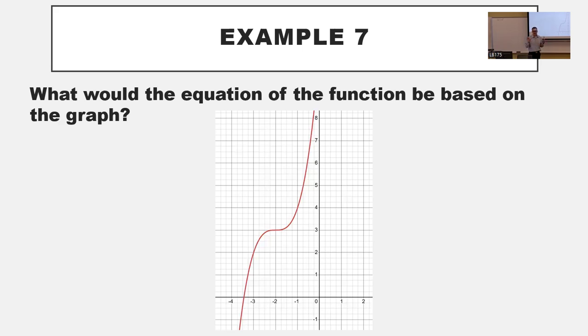Think of what happens when you shift away 1 unit from the origin. When we shifted 1 unit, we got to the point 1, 1. Just plug in 1 and get out 1 in the base function x cubed. Over here, where our old origin was is the point of inflection.